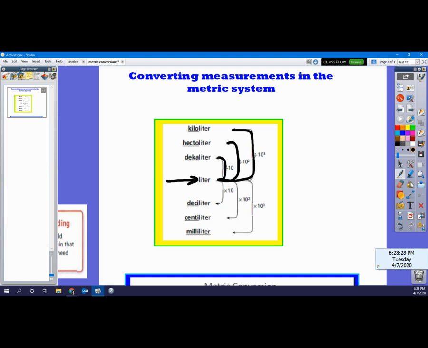Sometimes we're starting in centiliter or centimeter and we're moving 2 places. Sometimes we're starting in deciliter and we're moving 3 places. So this just kind of helps you see where those powers of 10s are. But keep in mind that depending on where you start and what conversion you want to end with will determine the power of 10 that you multiply or divide by.